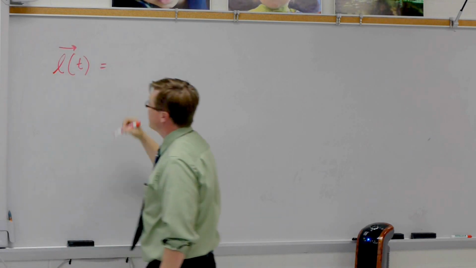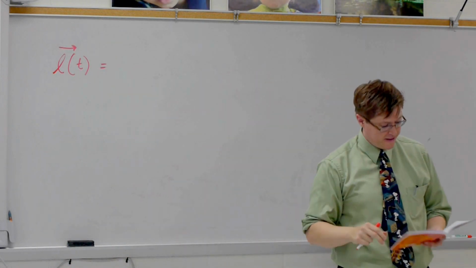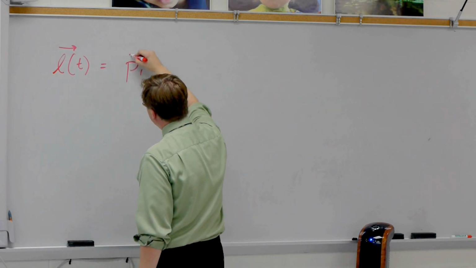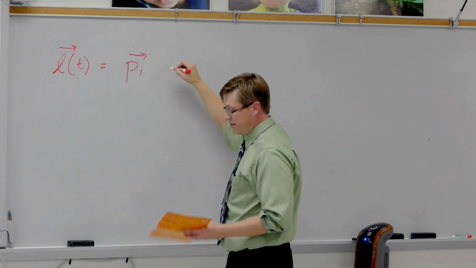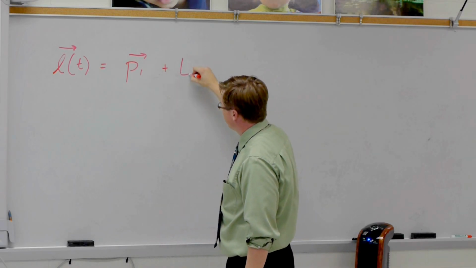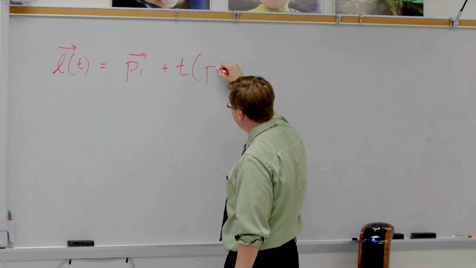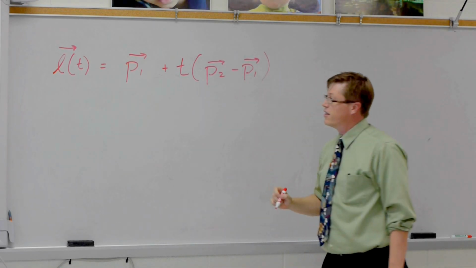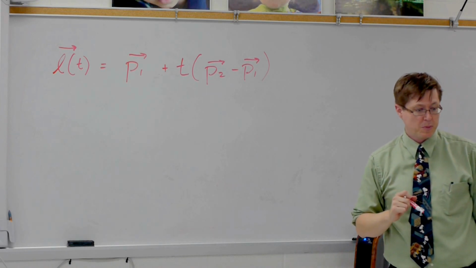Line as a function of t is some initial point plus t times P2 minus P1.